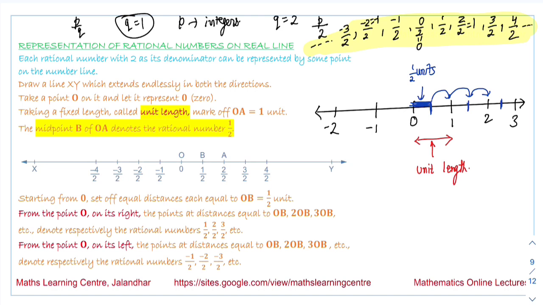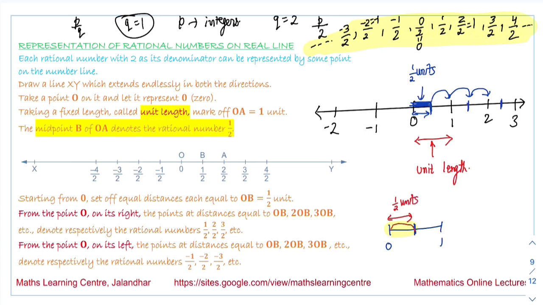Similarly, on the left hand side, we are going to mark the points at this much length. How have we drawn this length? We have taken a unit length, divided it in two parts, and this much length is the length 1 by 2 units.